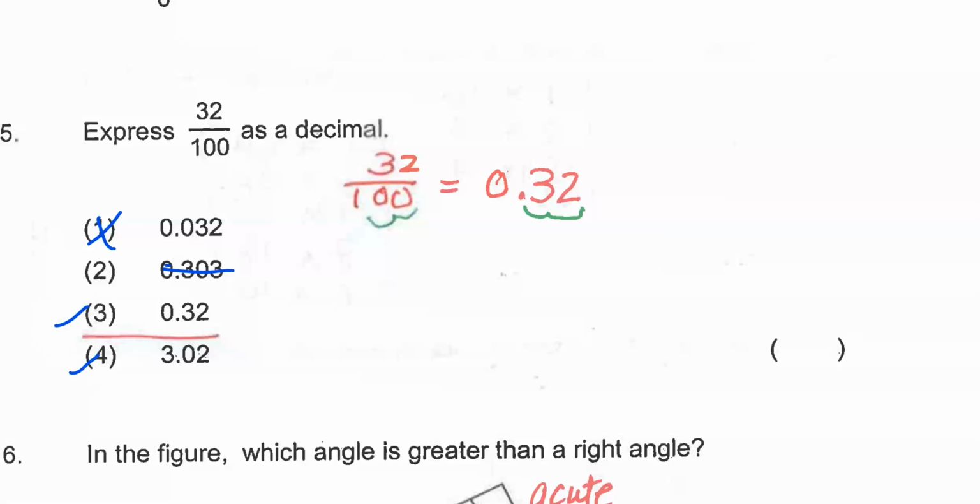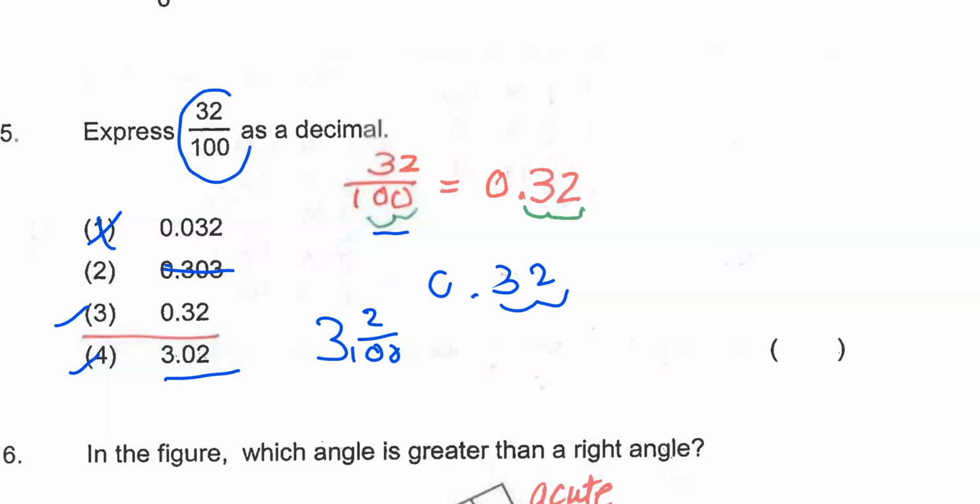First you put 32, then 2 decimal places, you go 1, 2. Put a dot and 0. It's 32. It's not 302. 3.02 is totally different from 32/100. So the answer is 3.